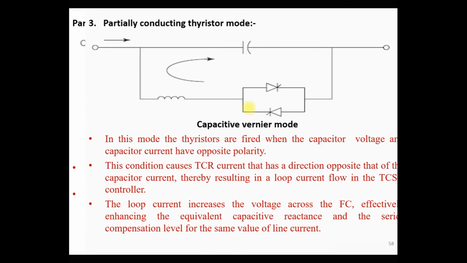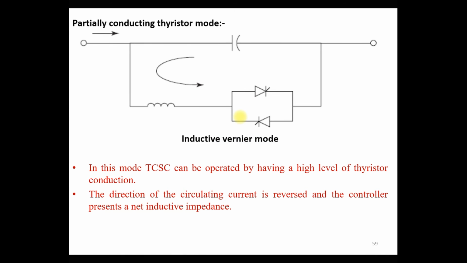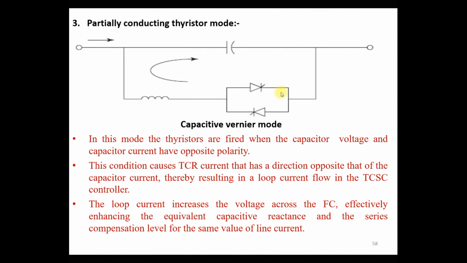In both the cases the thyristors are partially conducting, but in the capacitive vernier mode the conduction of the thyristors is less as compared to the inductive vernier mode, so that the direction of the loop current is clockwise in such a way that the voltage across this capacitor increases.